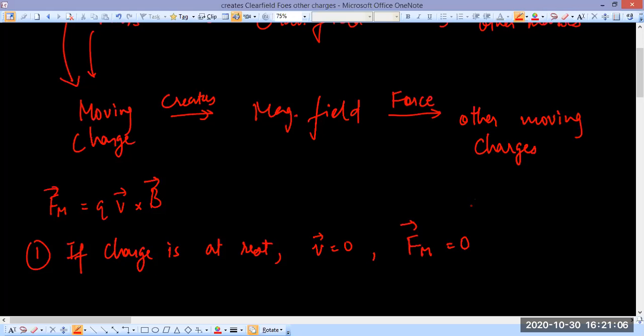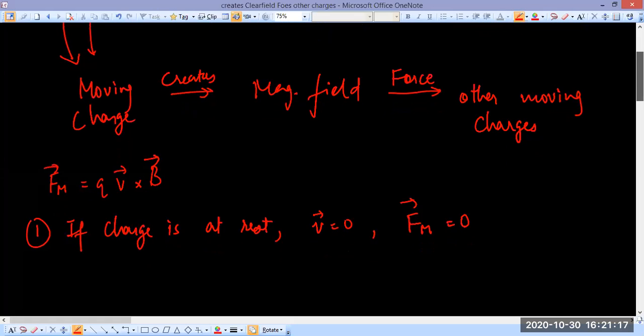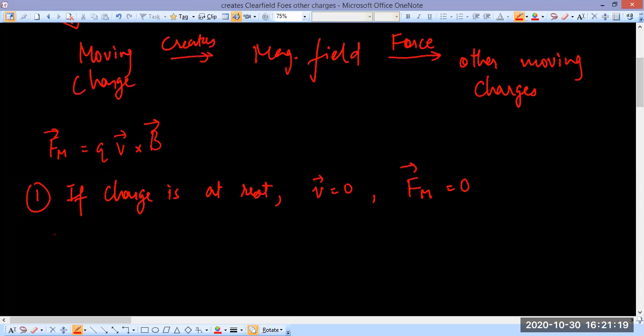So if someone asks, does a magnetic field apply force on all charges? No, it can only apply force on moving charges. First of all, it can never apply force on stationary charges, in whichever frame you are talking about.